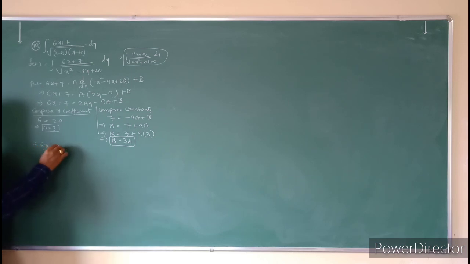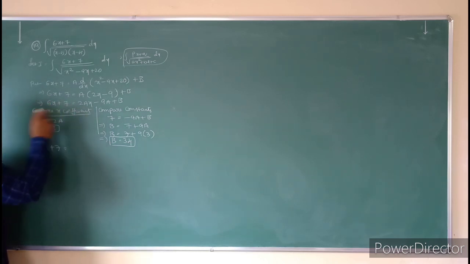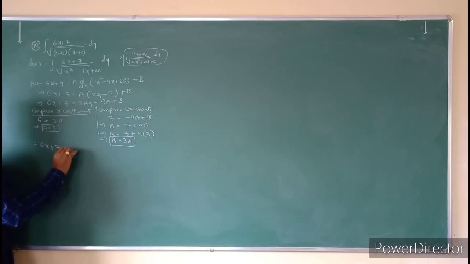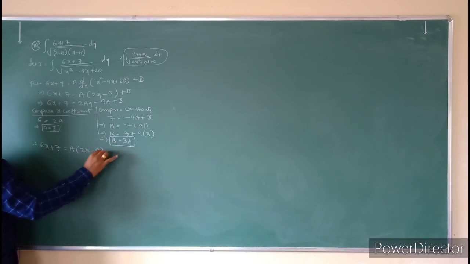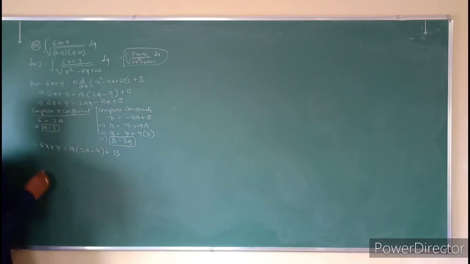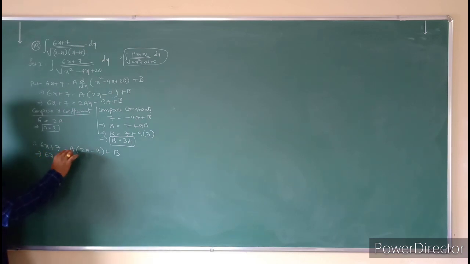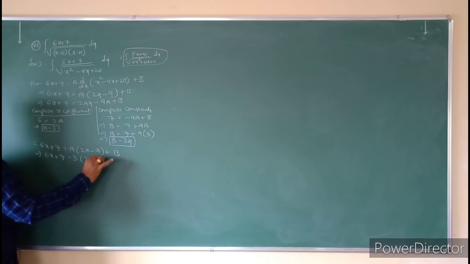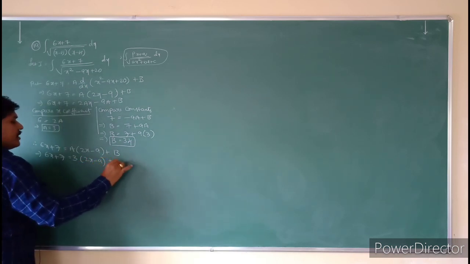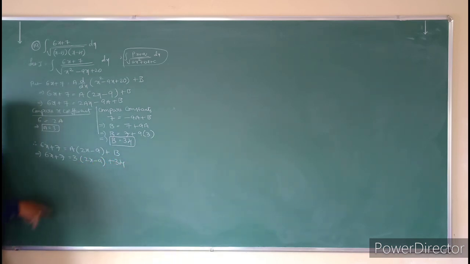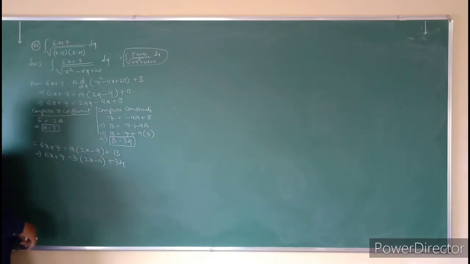Therefore, this 6x plus 7 can be written as a into 2x minus 9 plus b. So 6x plus 7 is equal to, the a value is 3, into 2x minus 9 plus b, which is 34. So 3 into 2x minus 9 plus 34.